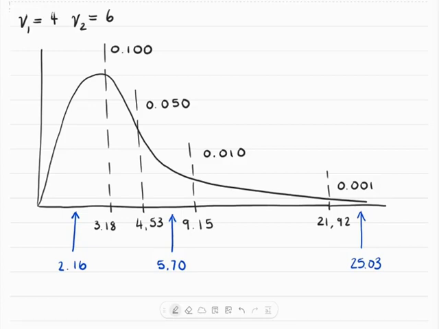If you go across to the left of that value, you'll find they've given you this alpha level. In other words, for the critical value 21.92, the area to the right is 0.001. And you can interpret all the other rows in a similar fashion. So you can double check that for yourself.